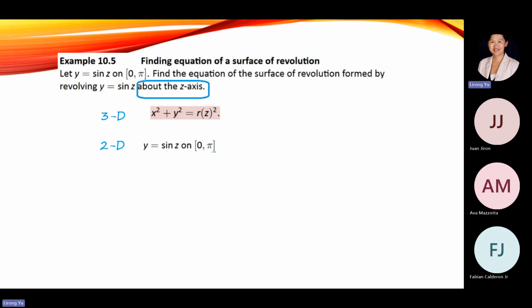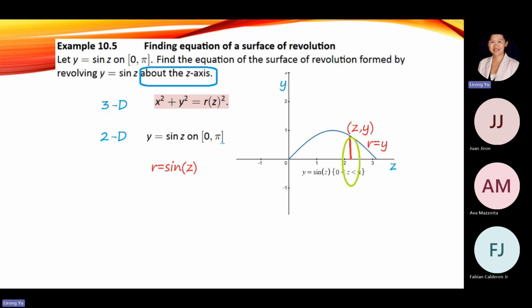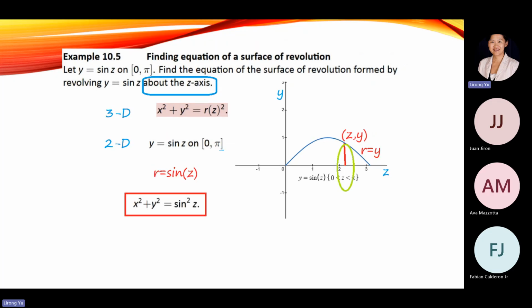In the two-dimensional case, if y equals sine z, if we draw the picture, the radius will equal the y value, and the y value equals sine z, which means r equals sine z. So that provides a relation for the r value, and then compared to replacing the r with this formula, we would have x squared plus y squared equal to sine z squared. That echoes what we have on that key idea page in the question.